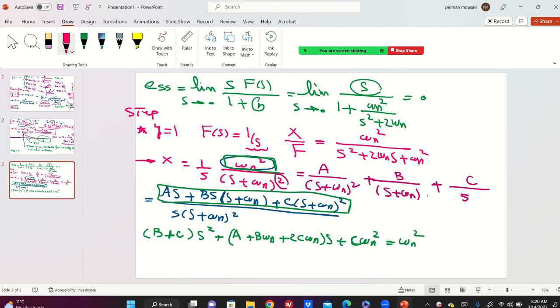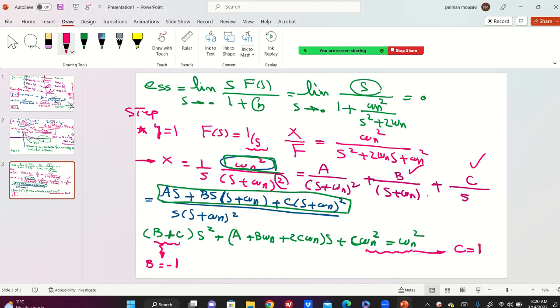Let me double check everything, okay? Because I'm developing with B plus C, plus A plus B omega n plus 2 omega n C. Yeah. So from here, you get the only constant number, C is 1. Bingo. If you implement it here, you get B is minus 1.